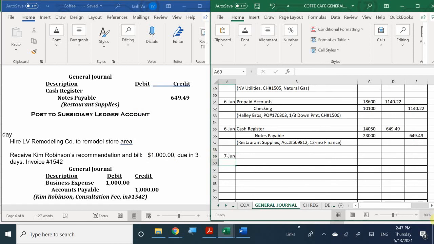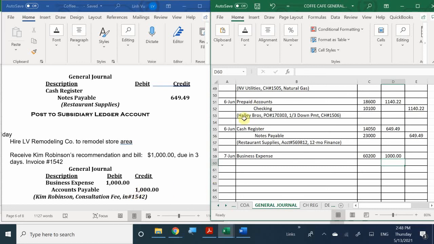We recognize that I'm going to categorize this as a business expense, which is account number 60200, and it's for $1,000. And once again, I'm not paying her yet. I owe her money. I just received a bill, and that's it.